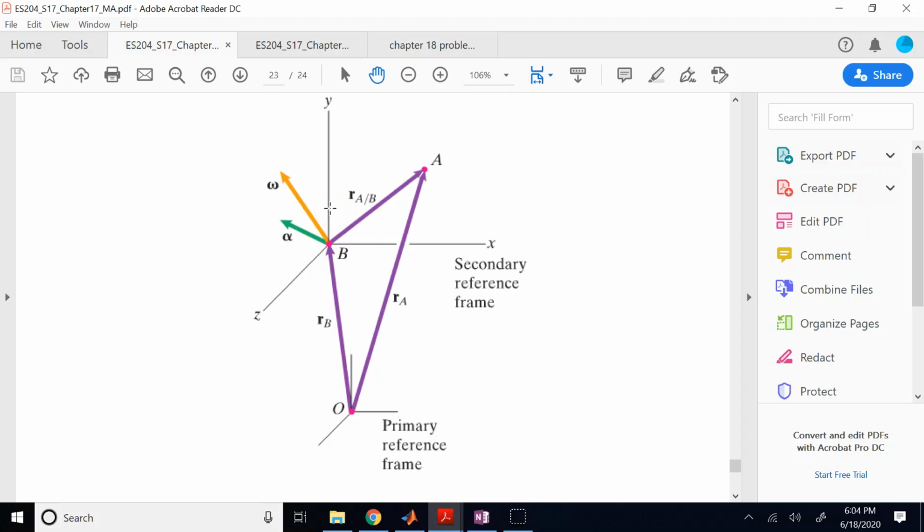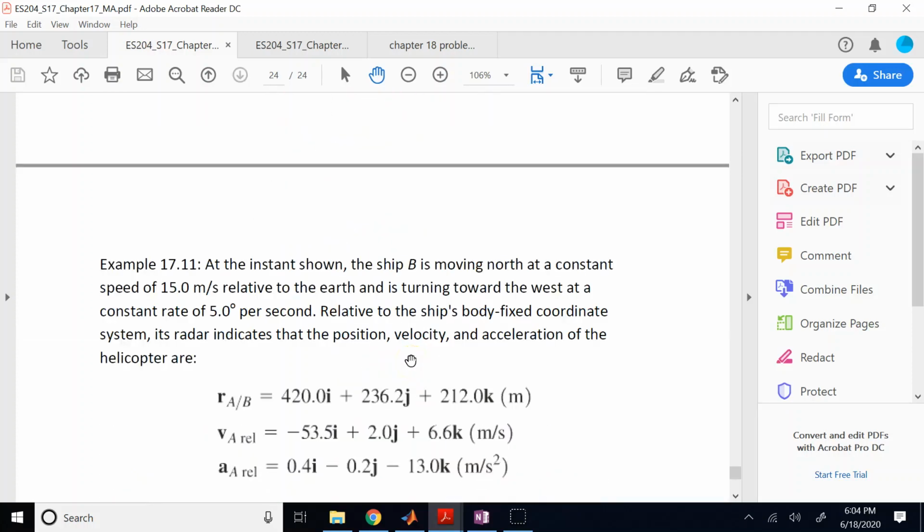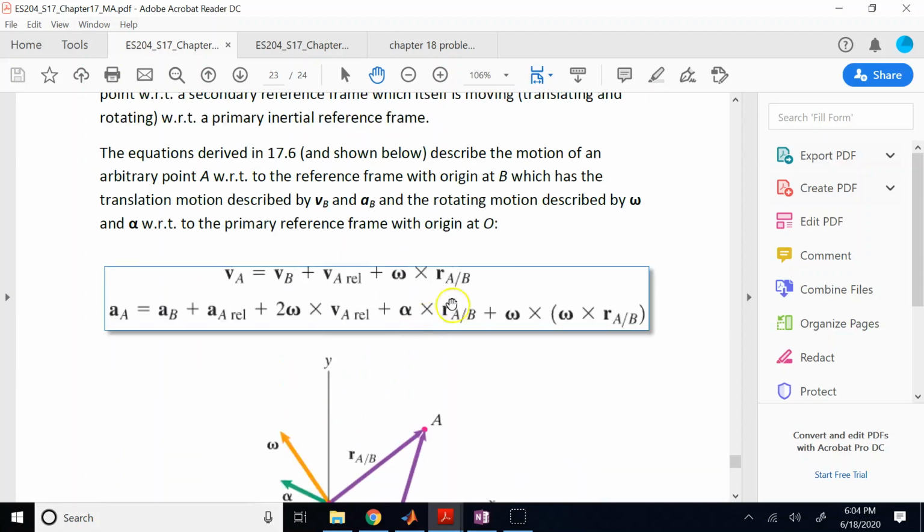And you want to relate the velocity of A as seen from the moving frame to the velocity of A as seen from the fixed frame. You want to relate them to each other. The derivation is exactly like the previous case, no difference.